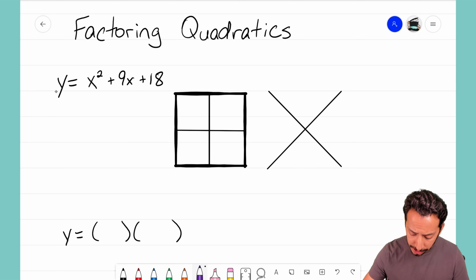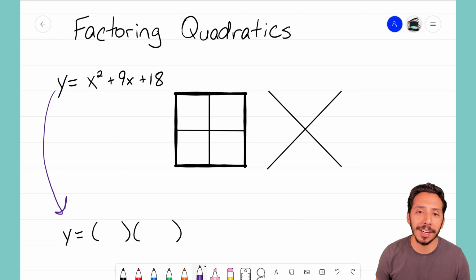That process of changing it from sum to product is what we call factoring. And one way to factor it is to use the box and diamond method, something that hopefully you are familiar with at this point.